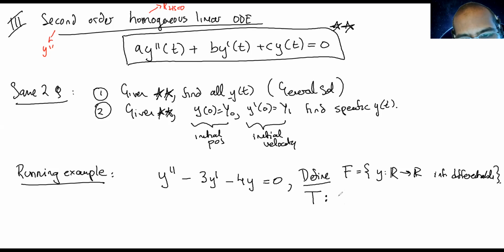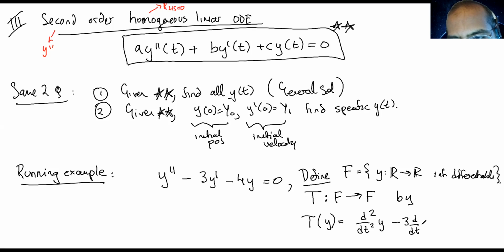And now define the following linear transformation. T of y equals the second derivative of y minus thrice the first derivative of y minus 4y. So I'm going to define this linear transformation. You have to check that it's linear, but at this point, we've done this many times.